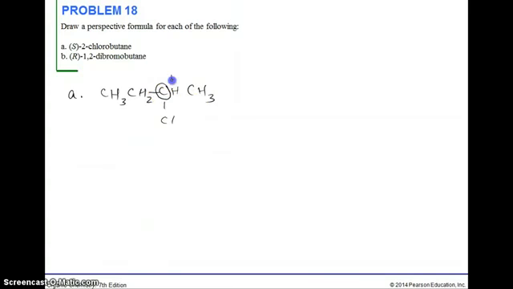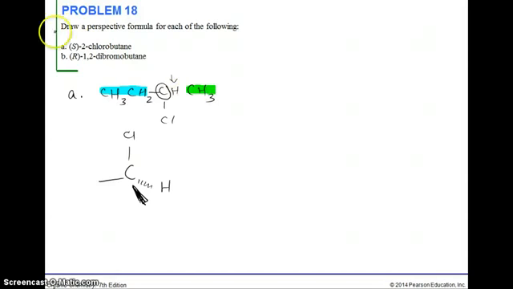Now, because hydrogen has the lowest priority, I'm going to set it to the back immediately. And I'm going to put chlorine in the number 1 position because that's easier for me to see. That means on the wedged position and the other in-plane position, that's where I'm going to put my ethyl and methyl.